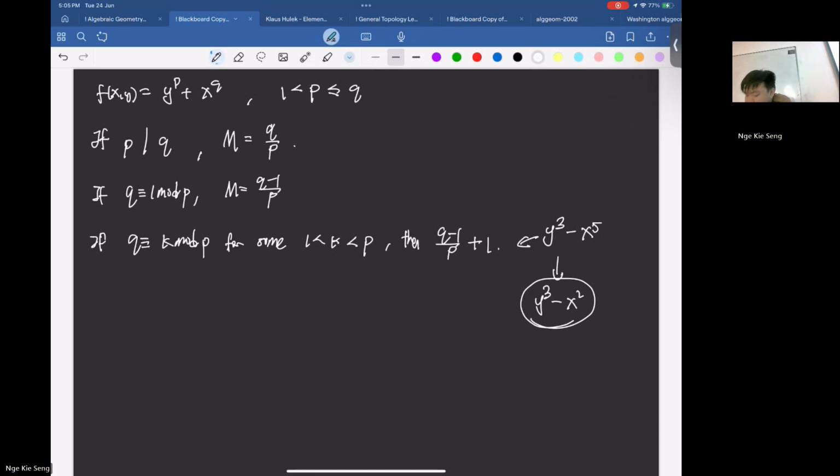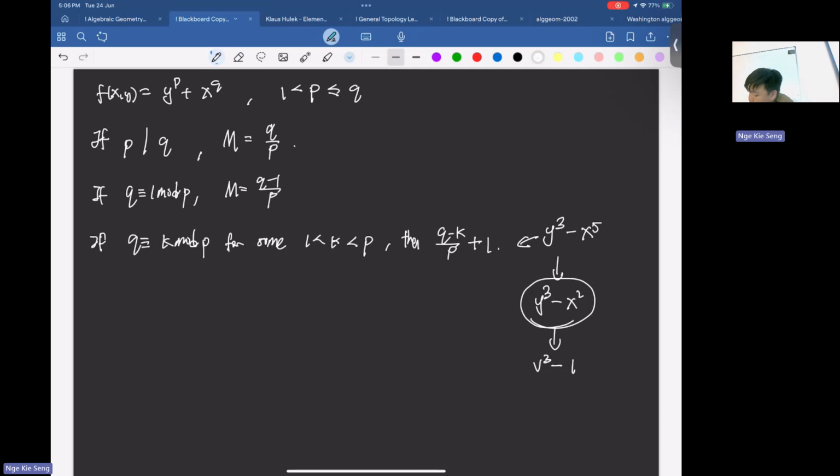Once again, you need to apply one more time. You will get, if no mistake, should be Q minus K. This time your strict transform should be v cubed minus x.